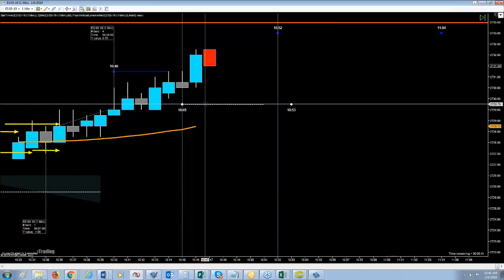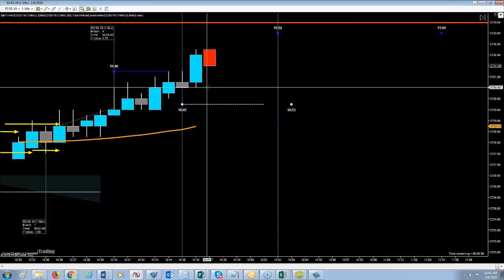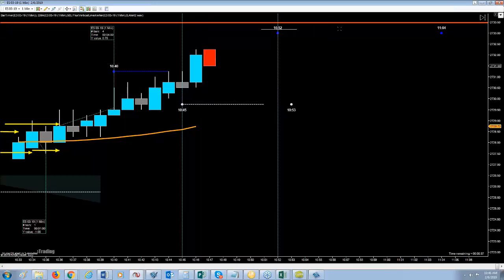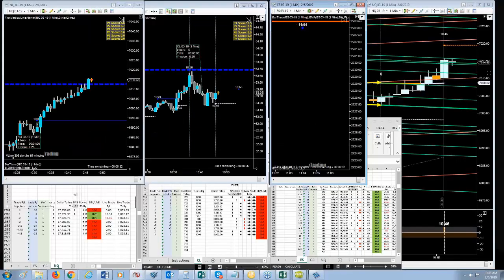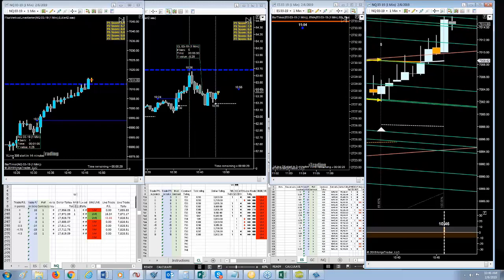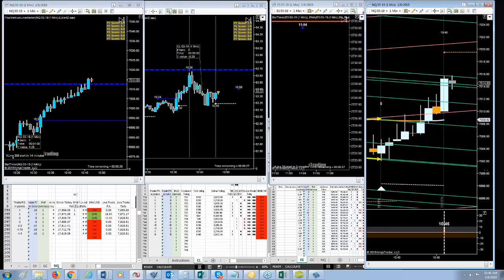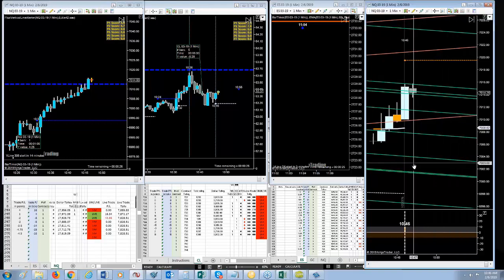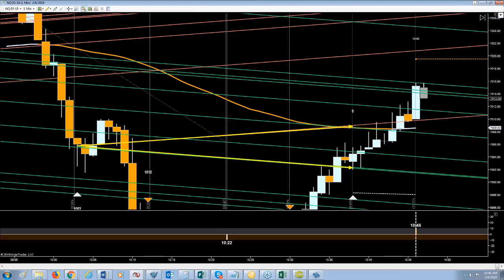So your stop is below the white line, your entry is as close as you can to 30.5. You're going to hold it till 10:52. On the NQ, if you were long per our last call, time to get out.